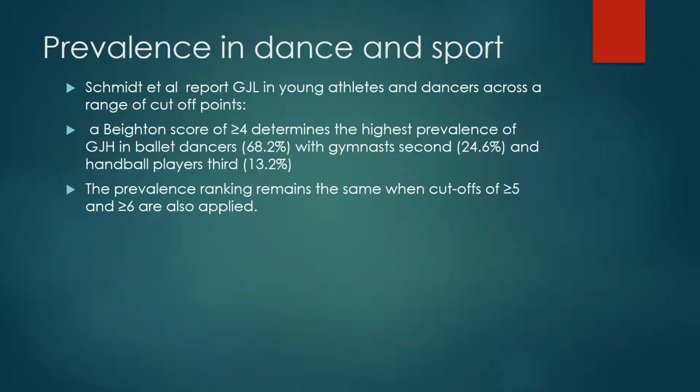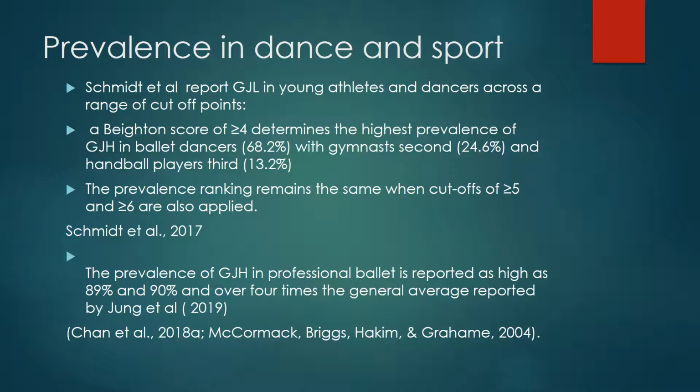The prevalence ranking remains the same when cut-offs of more than 5 and more than 6 were also applied. The prevalence of generalized joint hypermobility in professional ballet is reported as high as 89 to 90%, which is over 4 times the general average reported by Young et al. in 2019.